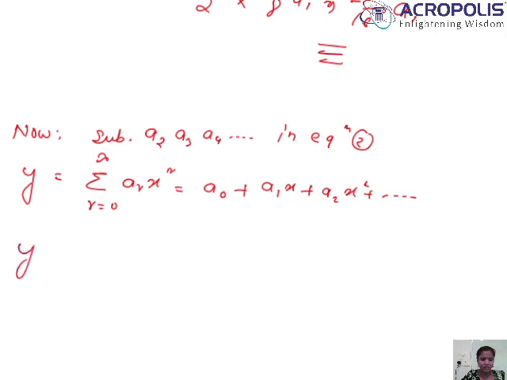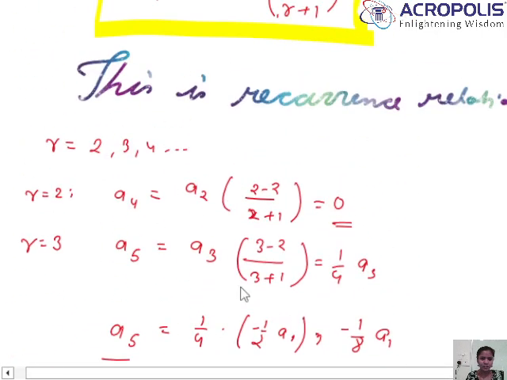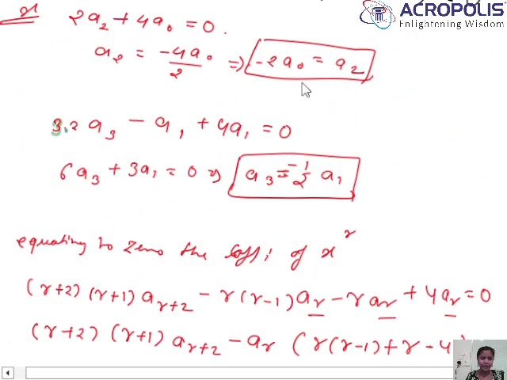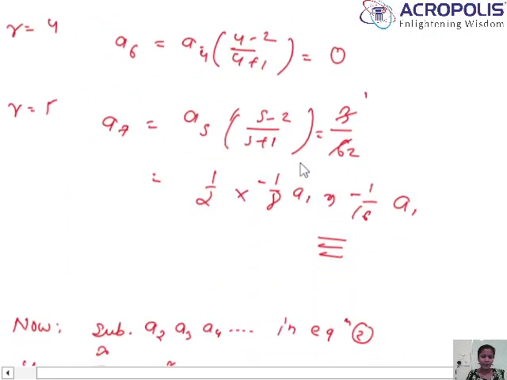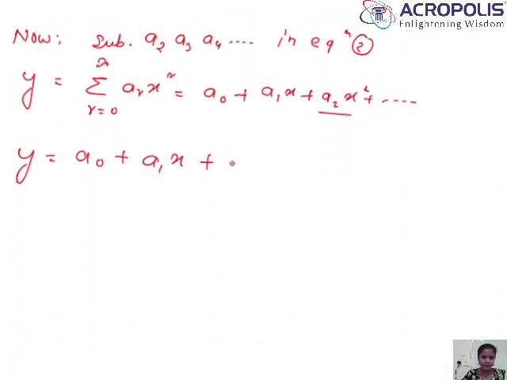When you substitute the values, a0 is as it is, then a1x, plus the value of a2. a2 equals minus 2 a0, so this is minus 2 a0 x square.